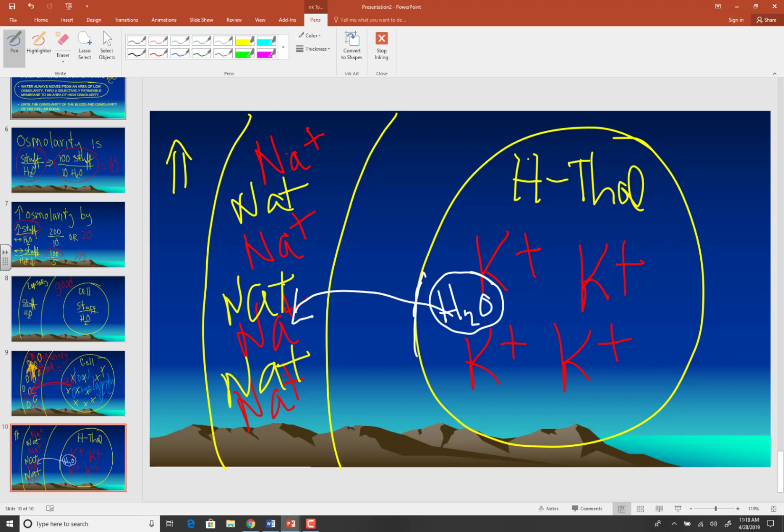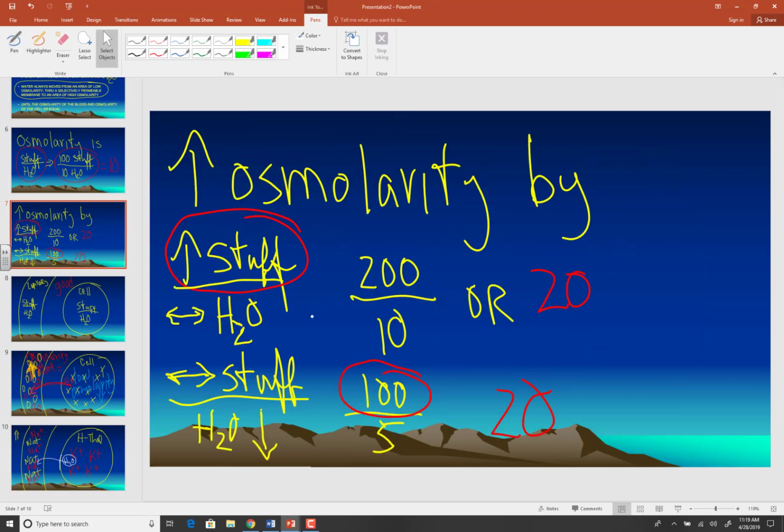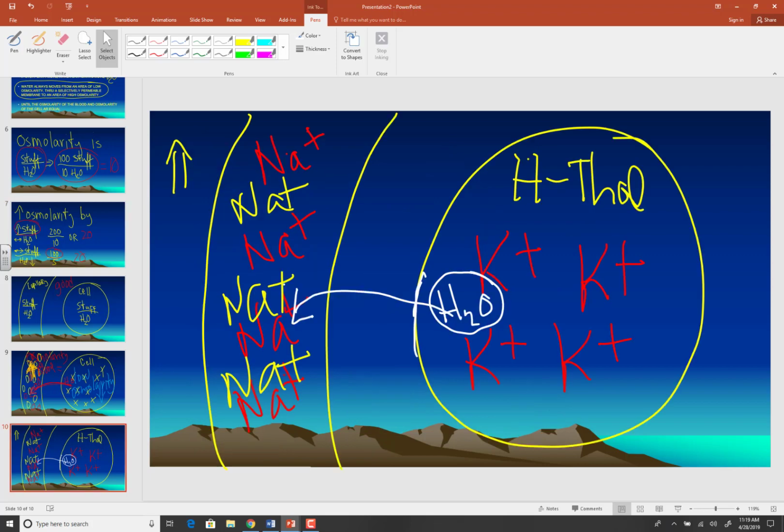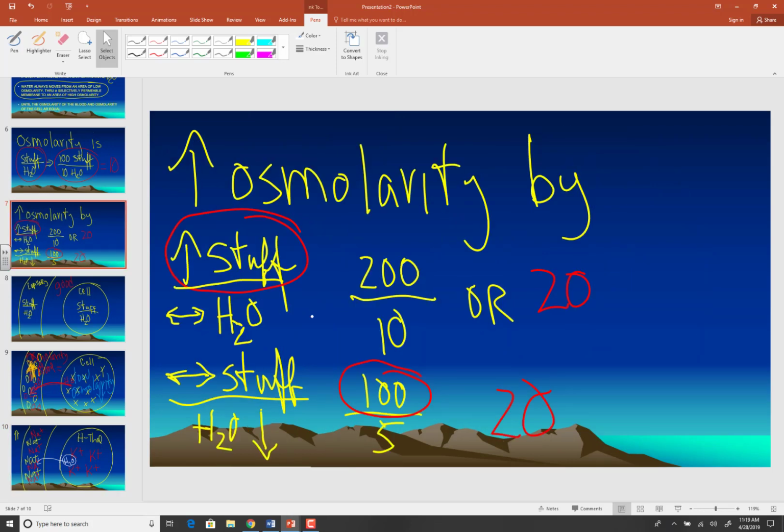So, what did you do to the cell? You kept the amount of potassium the same, but you decreased the water. So if you kept the amount of stuff in the cell the same, but you removed the water, the osmolarity goes up.